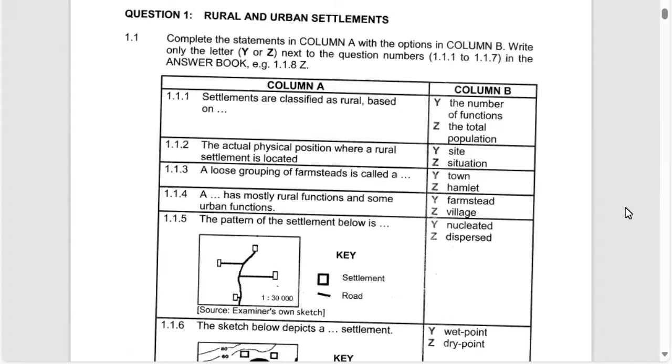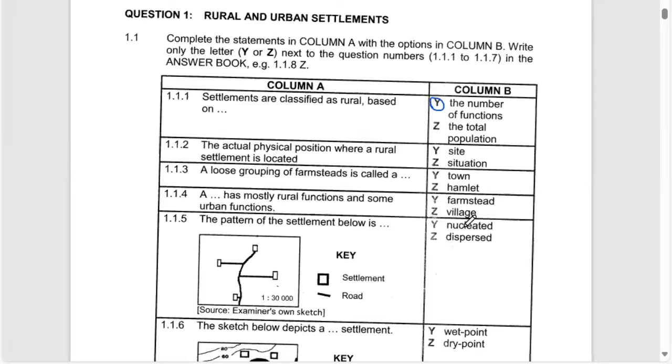The main geographical reasoning that we use for the classification of the settlement is the number of functions. So for us to classify a settlement as rural, we check the number of functions provided by that particular settlement. The functions are fewer for a rural settlement and mainly primary, while we have many functions for urban settlements.